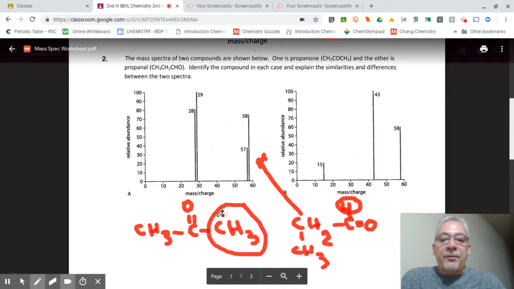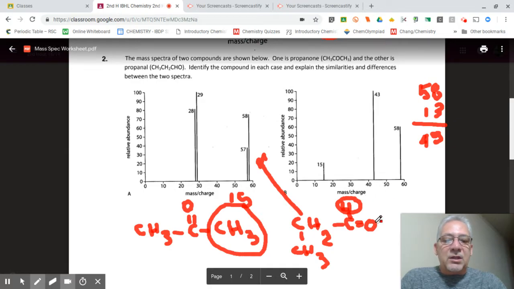How do I know that? This is a carbon 12 plus 3 hydrogen will make 15 gram. So let's subtract 58 minus 13, and that will give me 45. Do we have any 45 somewhere? No. So we need probably to check again by losing 16. Okay.